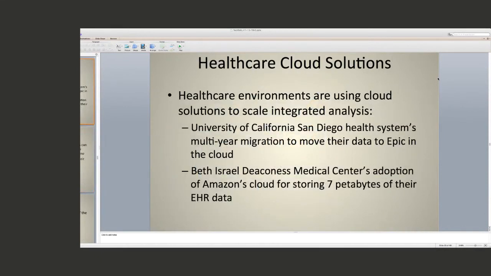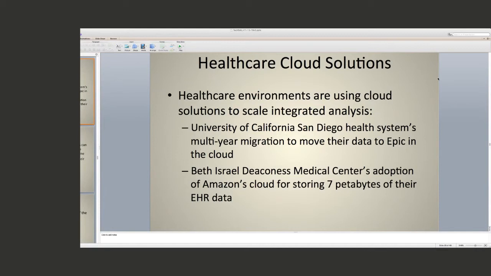Am I too far ahead of myself? Well, not really. This is already happening. Healthcare environments are already using clouds. The University of California, San Diego health system is in a multi-year migration to move their data to Epic in the cloud.